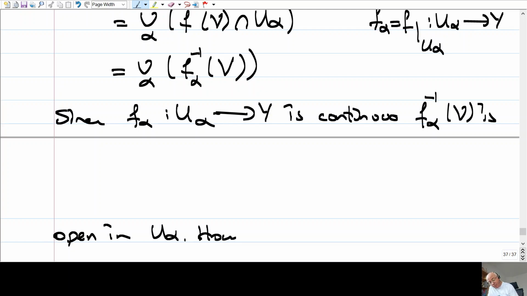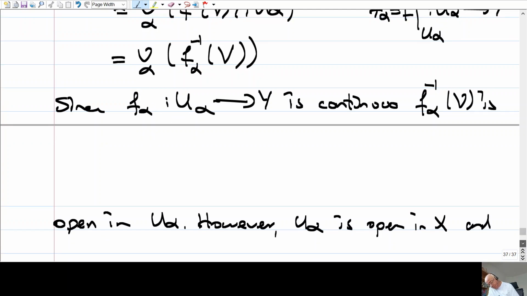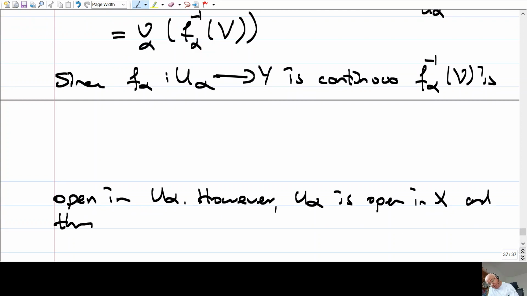However, u alpha is open in x, and thus f alpha inverse of v is open in x, right? This set is open in u alpha and u alpha is open in x. Therefore, this thing is open in x.